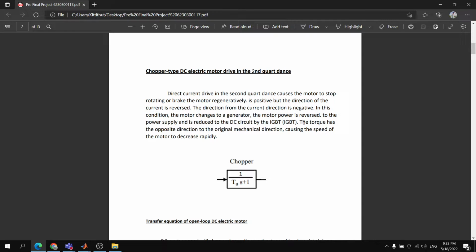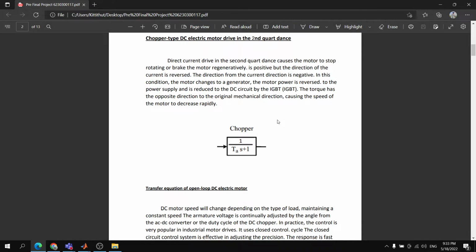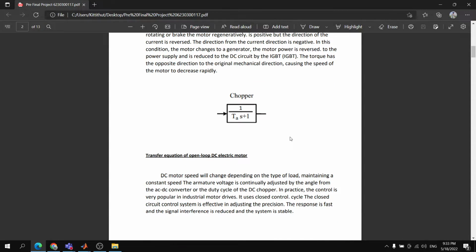Chopper type DC electric motor drive in the two quadrants. Direct current drive in the second quadrant causes the motor to stop rotating or brake. The motor regeneratively is positive, but the direction of the current is reversed. The direction of the current is negative. In this condition, the motor changes to a generator.